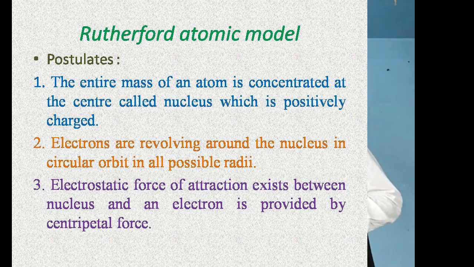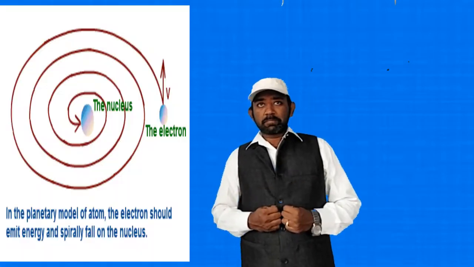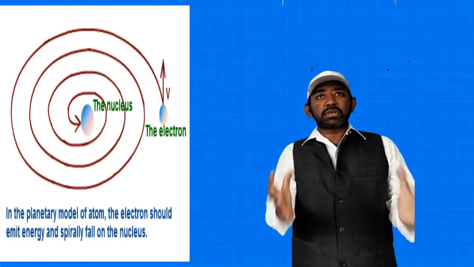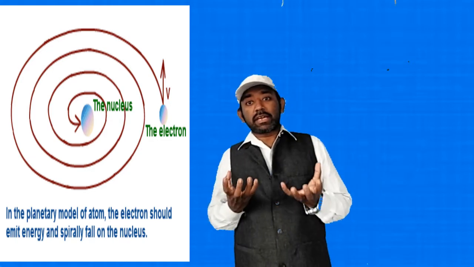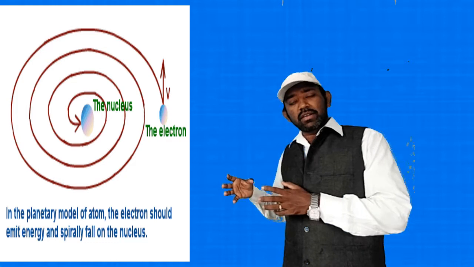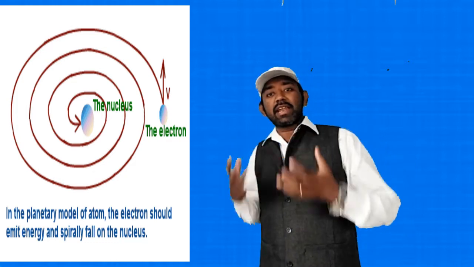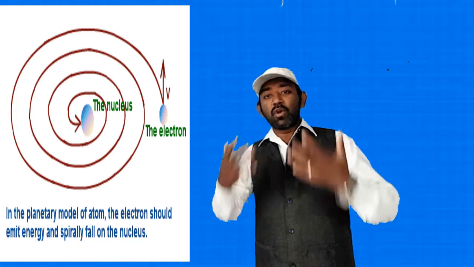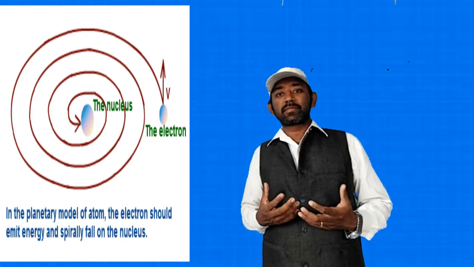But still he failed to explain the stability of the atom. According to Maxwell's electromagnetic theory, any accelerated charged particle emits electromagnetic radiation. Here the electron is a charged particle, so it must emit electromagnetic radiation while moving around the nucleus.